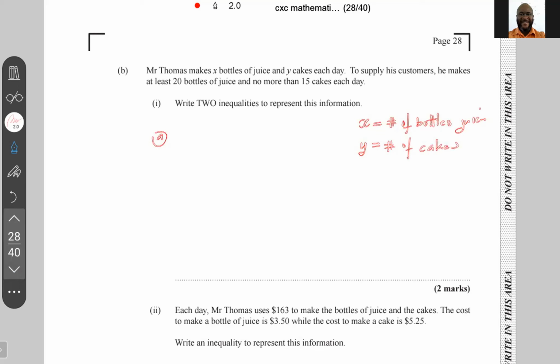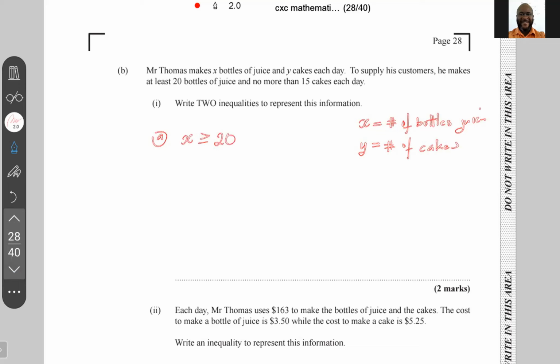We are told he makes at least 20 bottles of juice. So x, the number of bottles of juice, must be greater than or equal to 20. That is inequality number one.